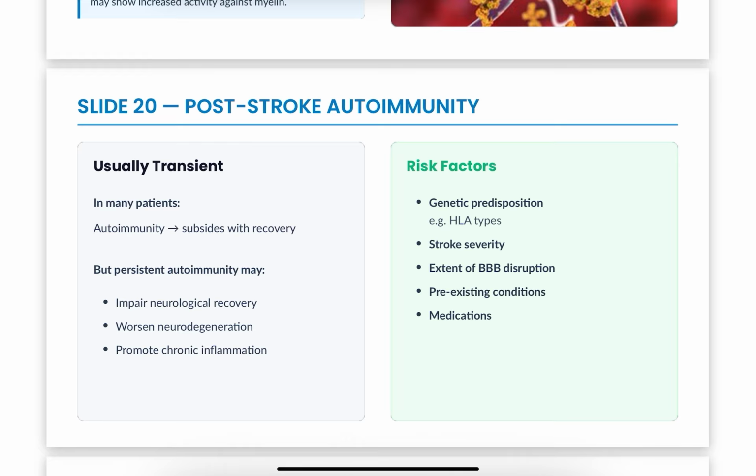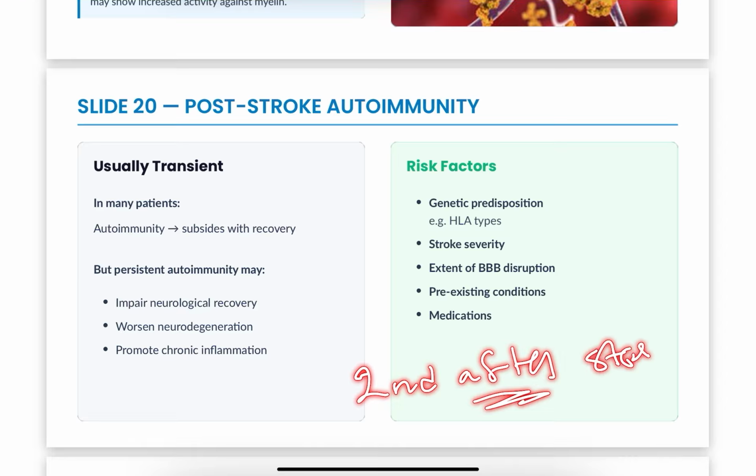Another interesting finding is that during the second week after stroke, the peripheral lymphocytes may demonstrate an increase in the activity against myelin compared to the healthy ones, and even compared to the patients with multiple sclerosis as well. So it's happening in the second week after stroke, not before.